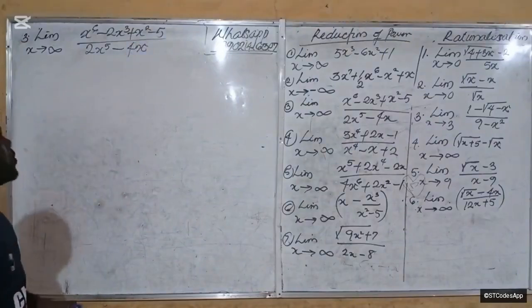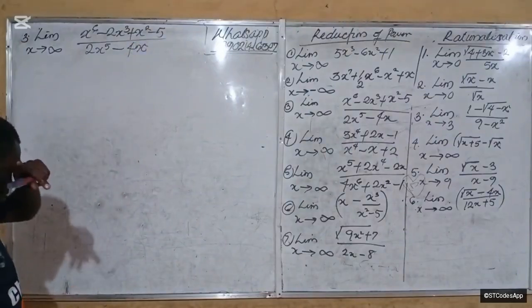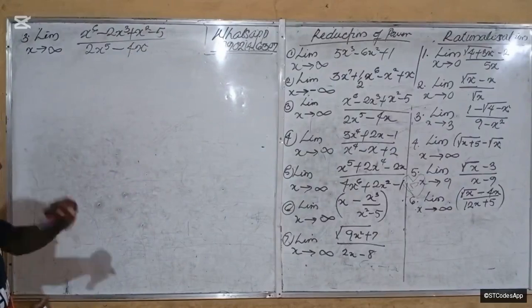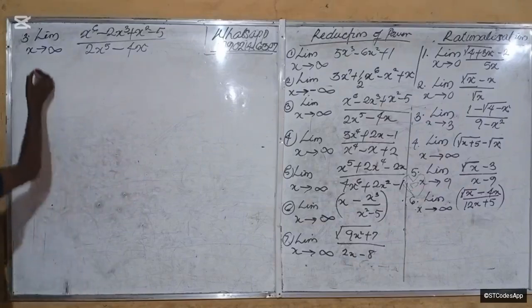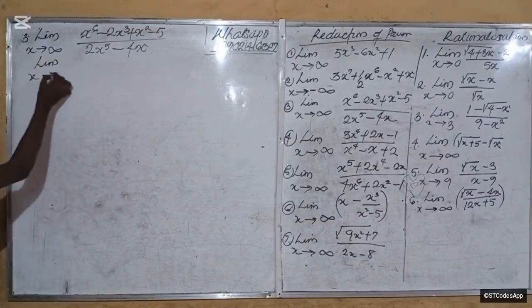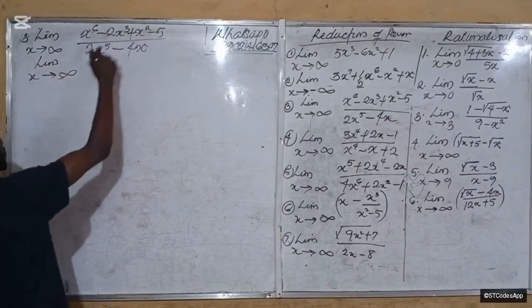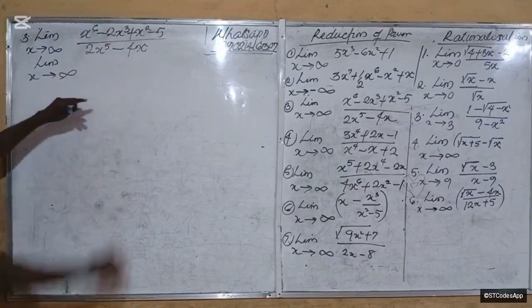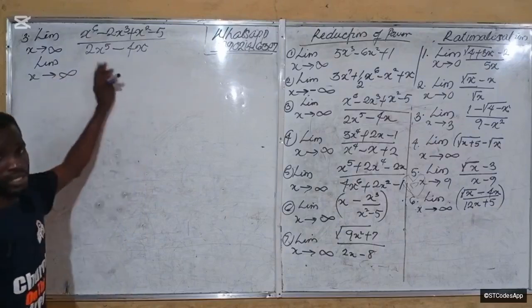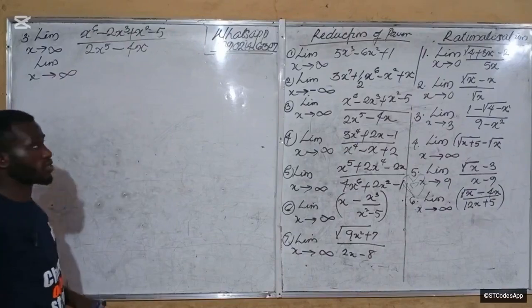Okay? So if you want to solve this, before I show you the trick, here is the reduction of power method. So the limit as x approaches infinity of this value becomes, we are going to divide by, now the denominator is going to be your focus now.